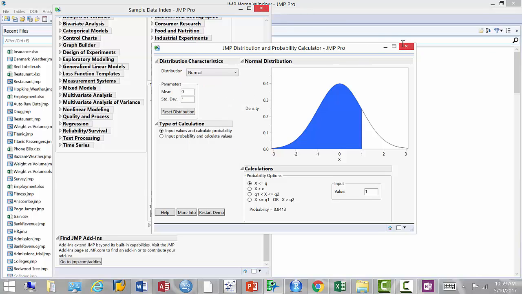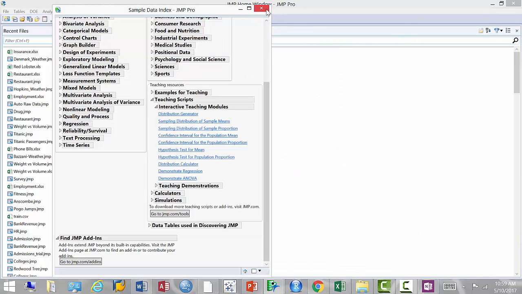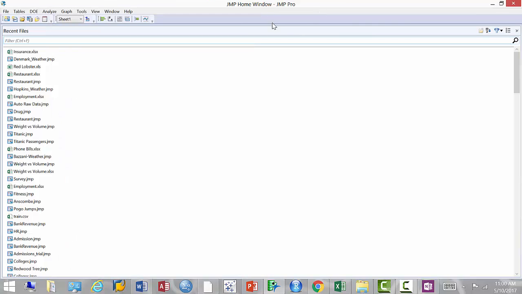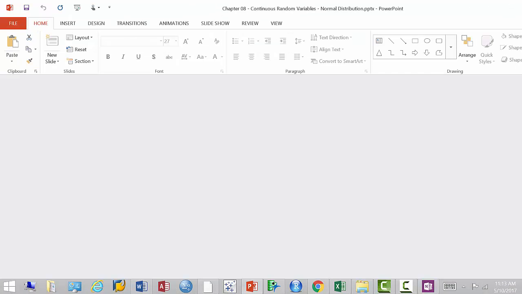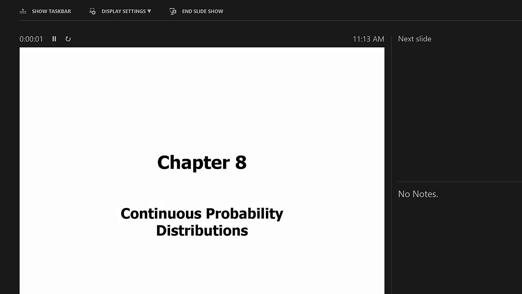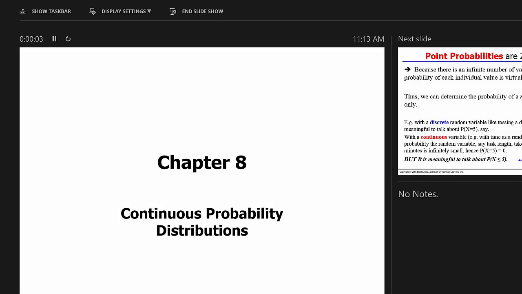So let's now switch gears a little bit and let's talk about continuous distributions. Okay, now let's discuss continuous random variables. We talked briefly about continuous random variables, right?